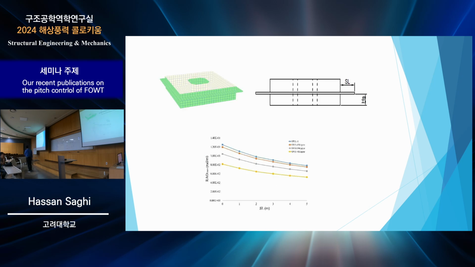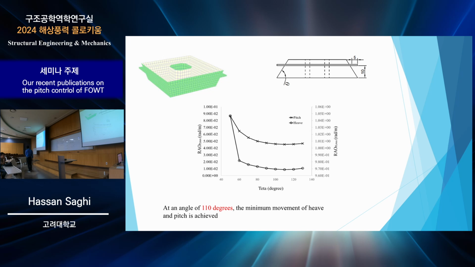In the next step, we added a skirt with the length LS, where LS is the length of the skirt, located HS above the bottom of the barge. So we modeled different cases and compared them together.